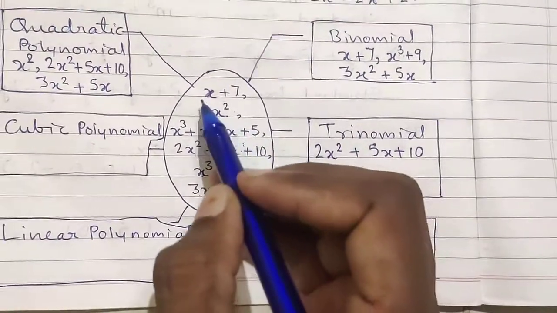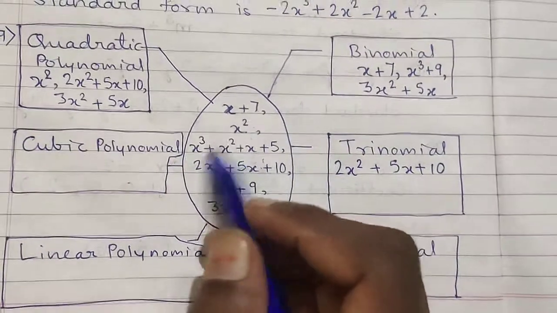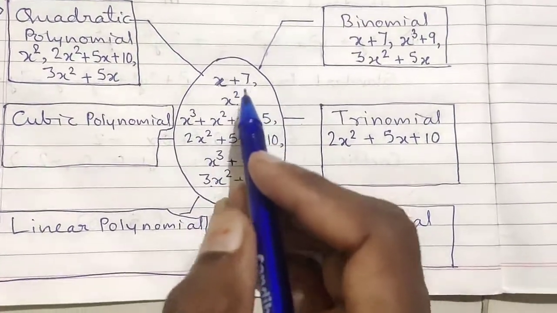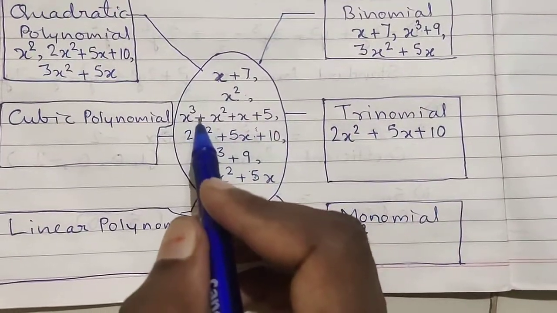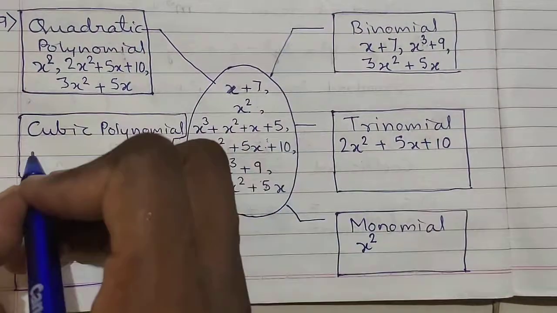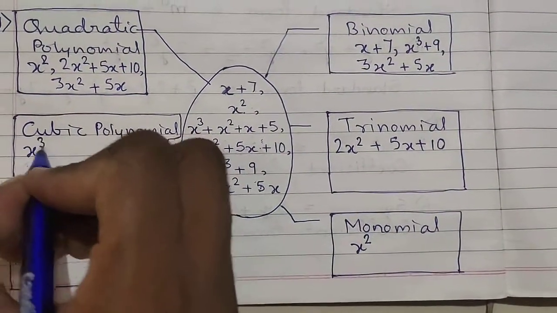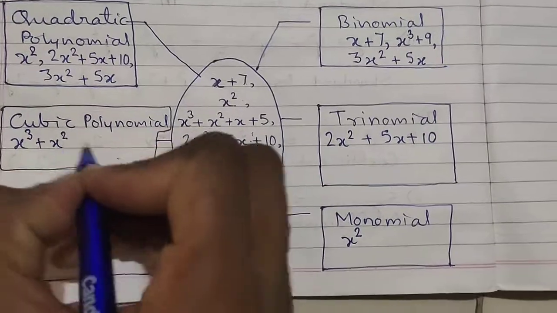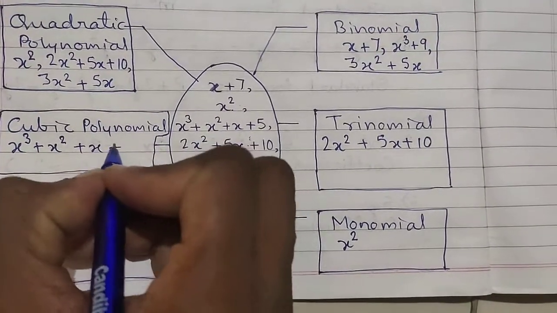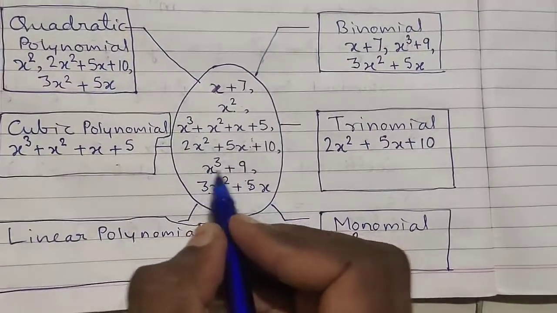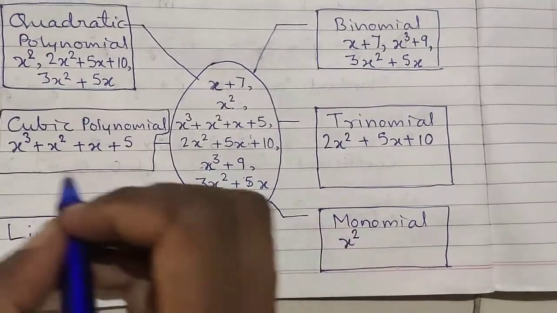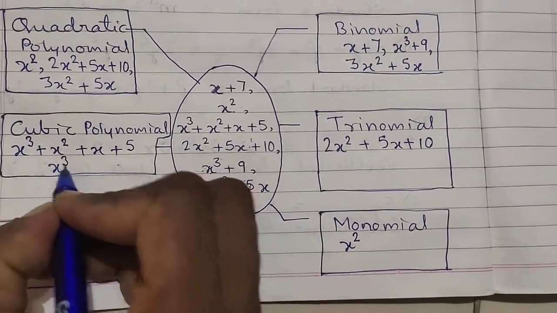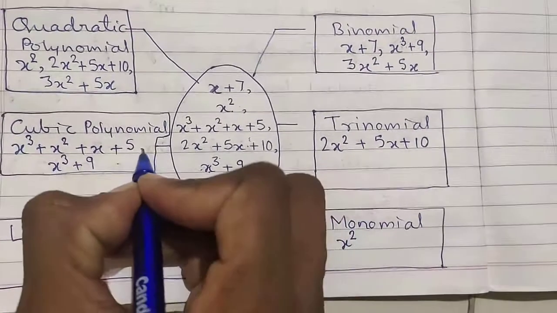Now cubic means what? Max power 3. So in this case maximum power is not 3, but in this case your maximum power is 3, so that is cubic. So x cube, then x square, then x, then 5. Now this is also cubic because maximum power is 3. So x cube plus 9.